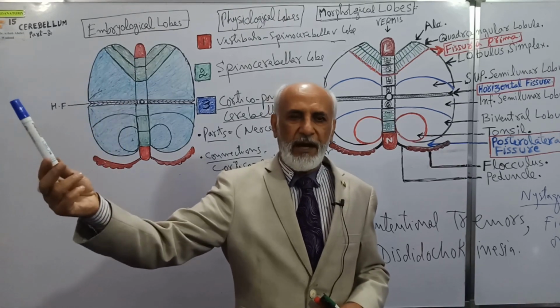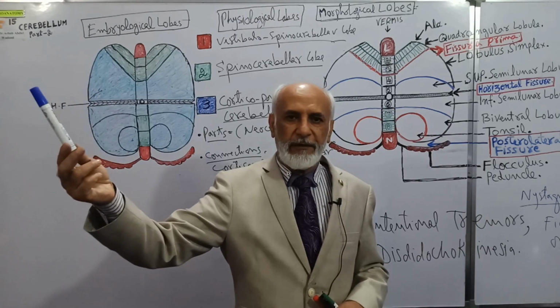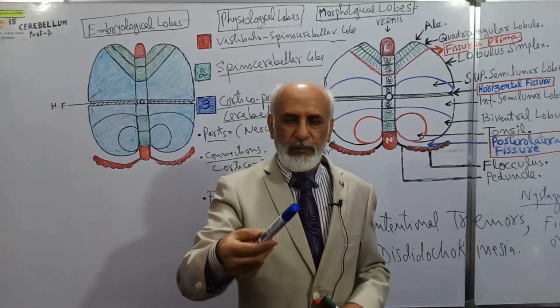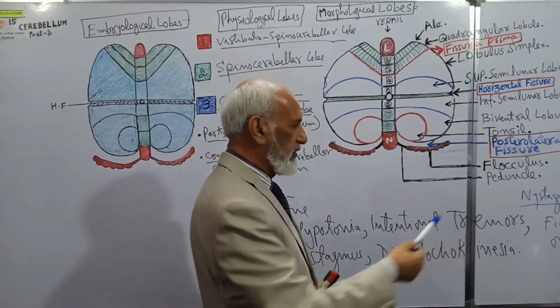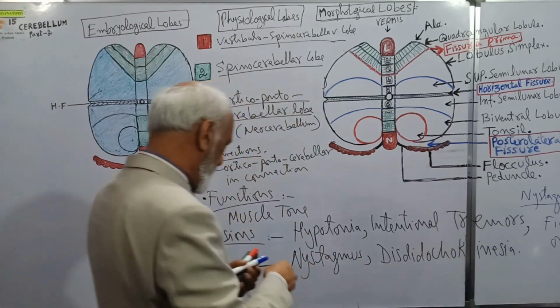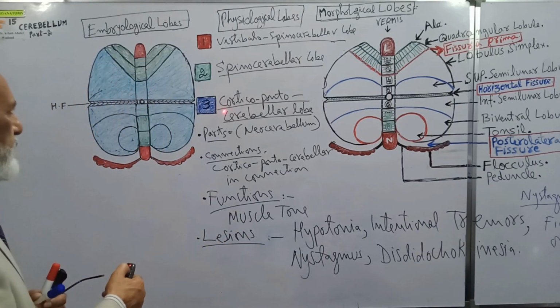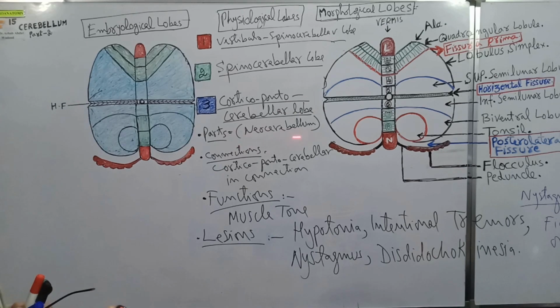He cannot fix the eyes to that point. There is drifting of the eyes from the fixed point to the rest point. This condition is called nystagmus, and it is one of the effects of lesion of this corticopontocerebellar lobe or neocerebellum.